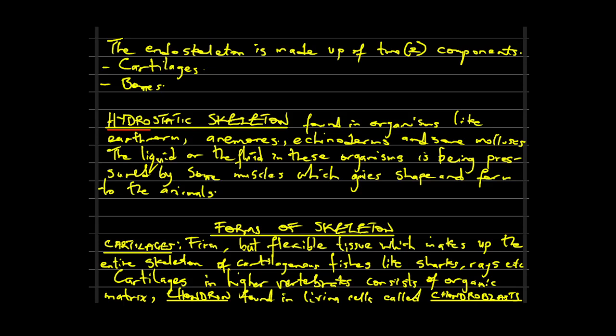Cartilages are temporarily present in the fetus of man. As the fetus continues to mature, we find the cartilages being replaced by bone deposits, by bone forming cells in the body.